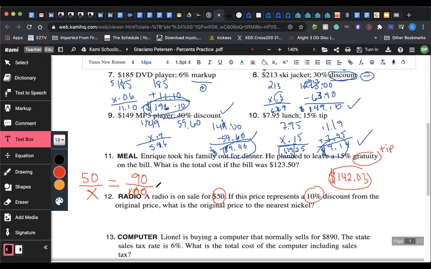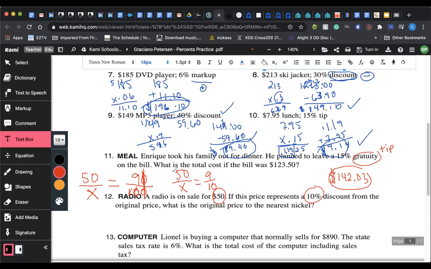All right. To make this a little easier for myself, I am going to get rid of these matching zeros that I have here at this end. So I'm going to simplify this proportion: 50 over X is equal to 9 over 10. And to solve this, I have to cross multiply.